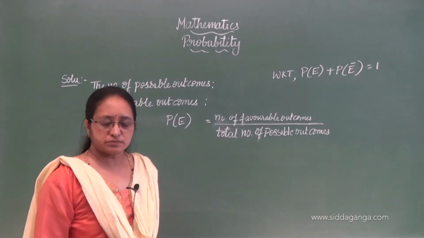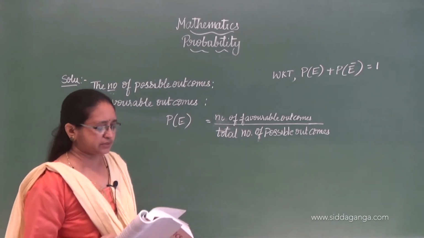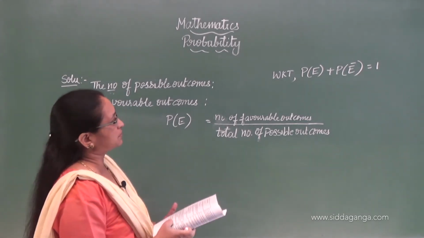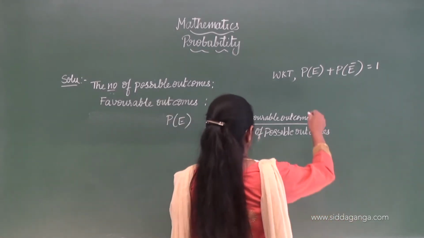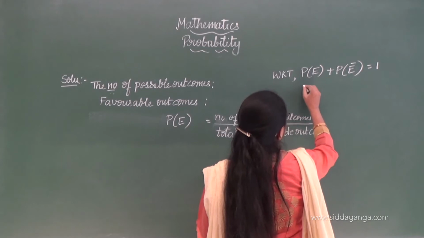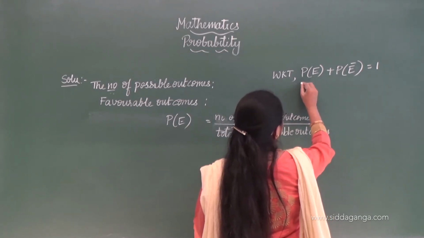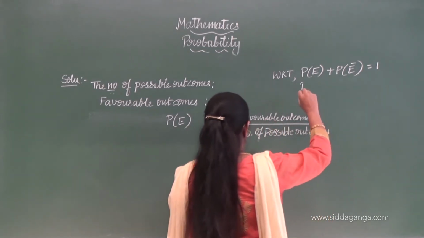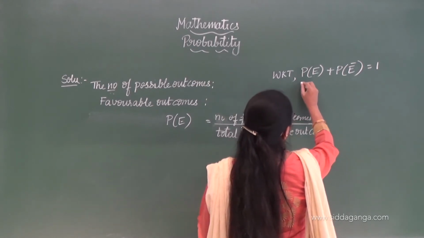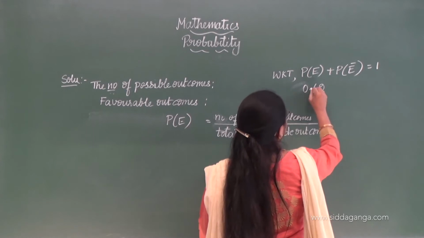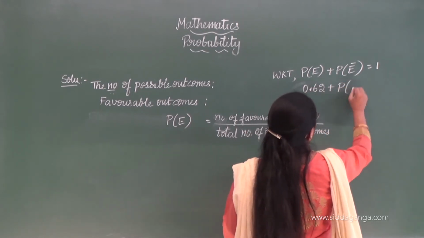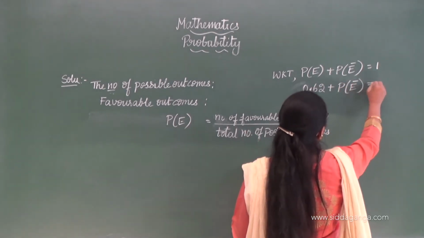Sangeeta and Reshma, they are playing. It is known that the probability of Sangeeta winning the match is 0.62. So here, if you consider this as Sangeeta's, P of event, that is 0.62, plus the one we do not know, is equal to 1.